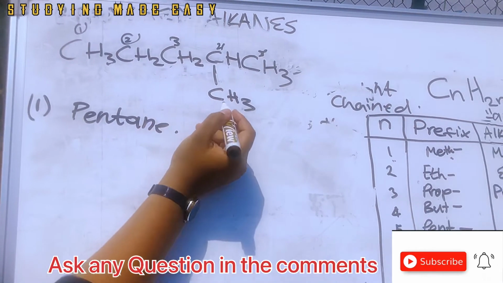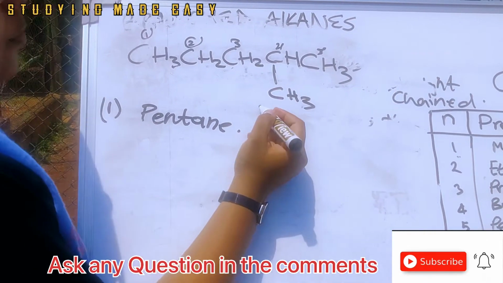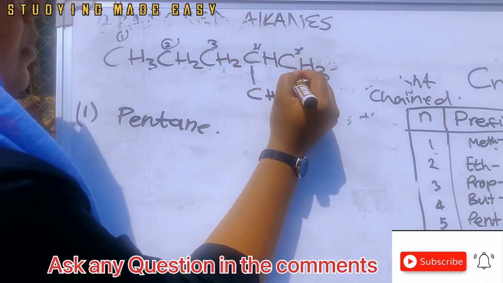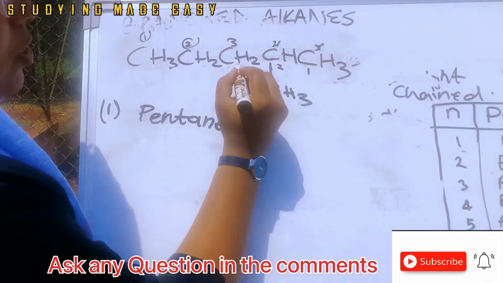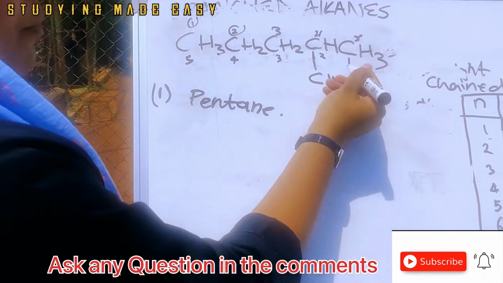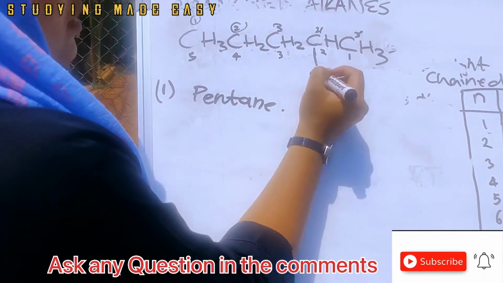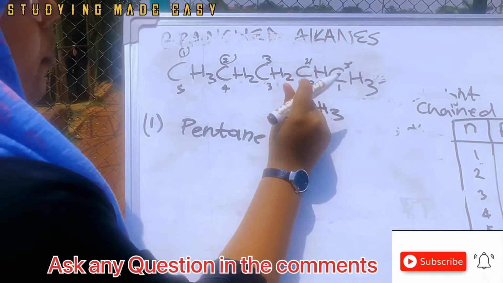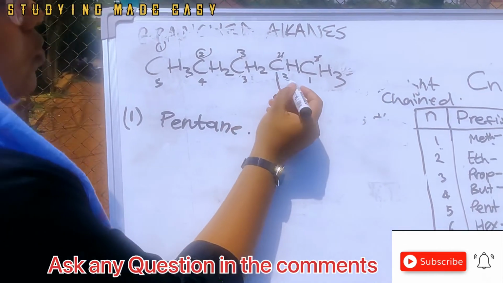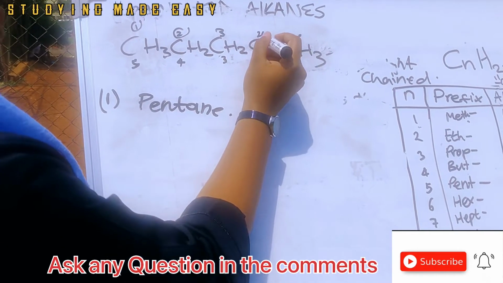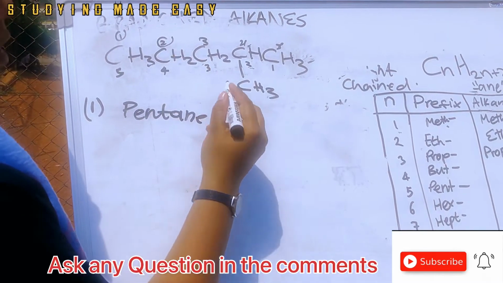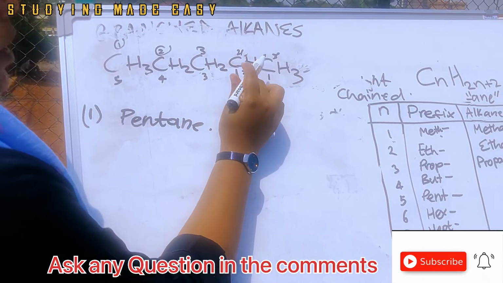This means that the substituent group, meaning the methyl, is on the 4th carbon. But if we name going this way, 1, 2, 3, 4, 5. Numbering this way, it shows that the substituent group or the methyl group is on the 2nd carbon. 2 is less than 4. This means it's giving the methyl group the lowest possible position, lowest possible location.